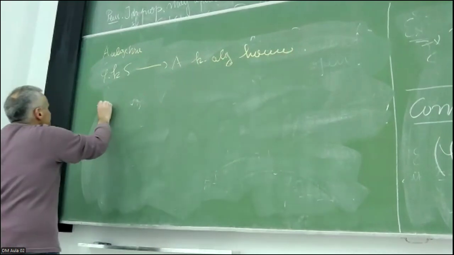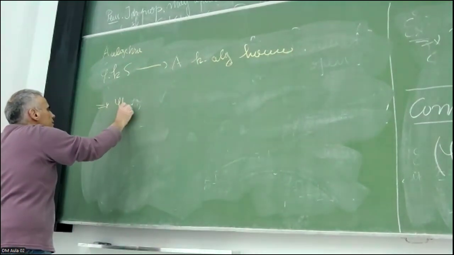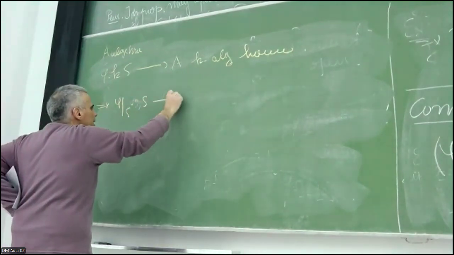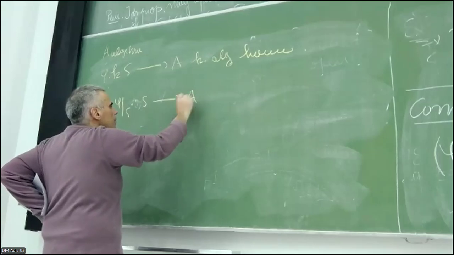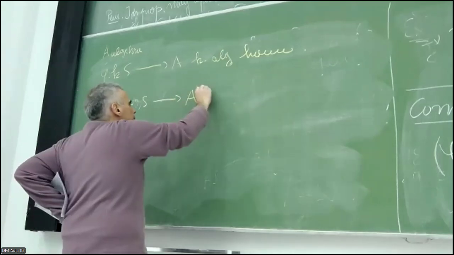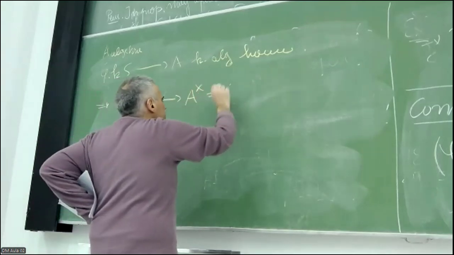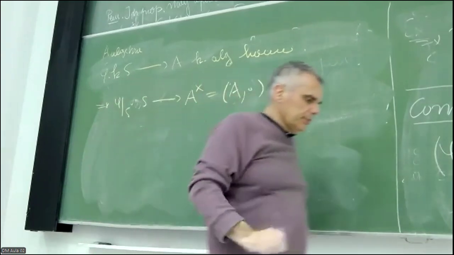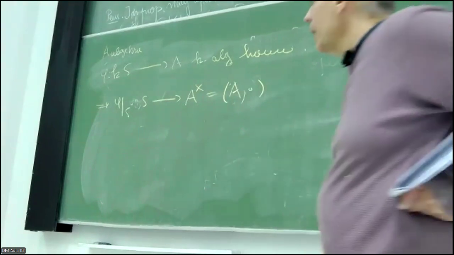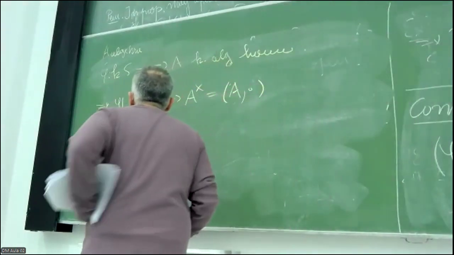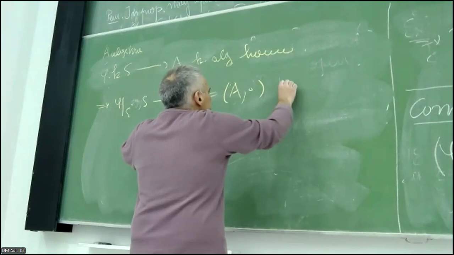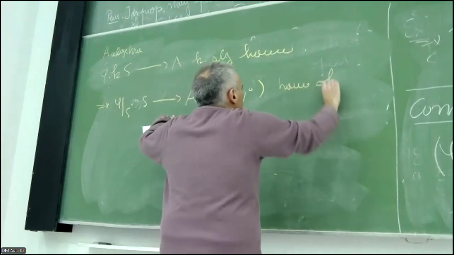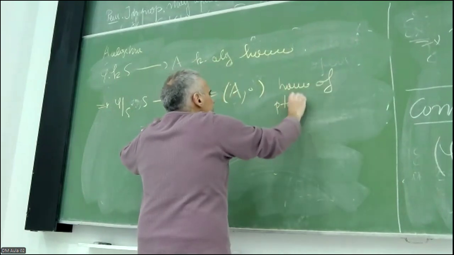Then I can restrict phi to S, and I get a map from S to A, which I can regard as a pointed semigroup. And this is a homomorphism of pointed semigroups.